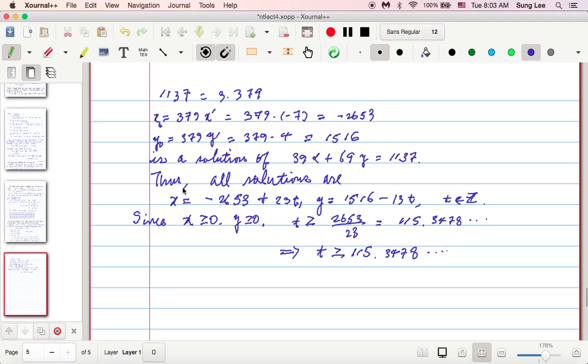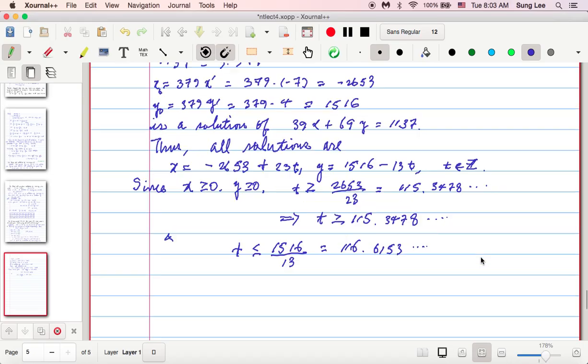And also from the condition that y has to be non-negative, we have t is also less than or equal to 1516 divided by 13, and that's going to be 116.6153 and so on and so forth.